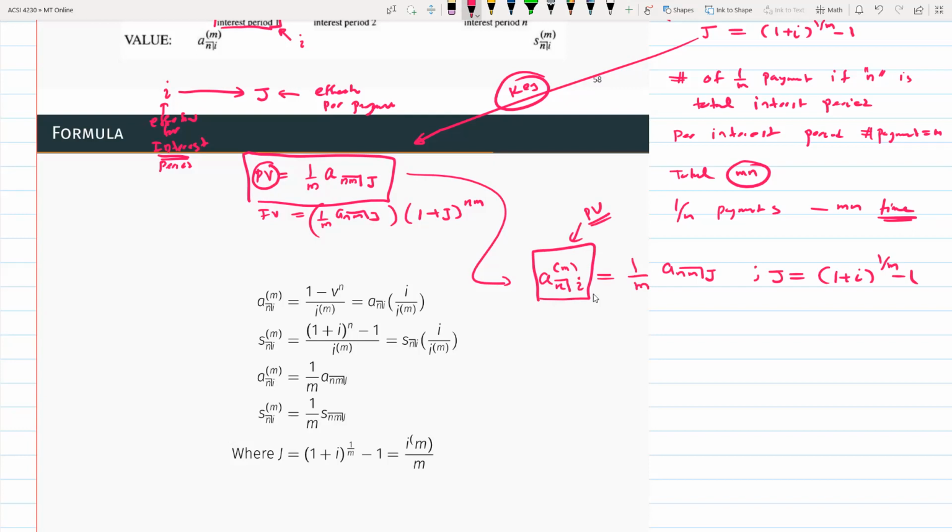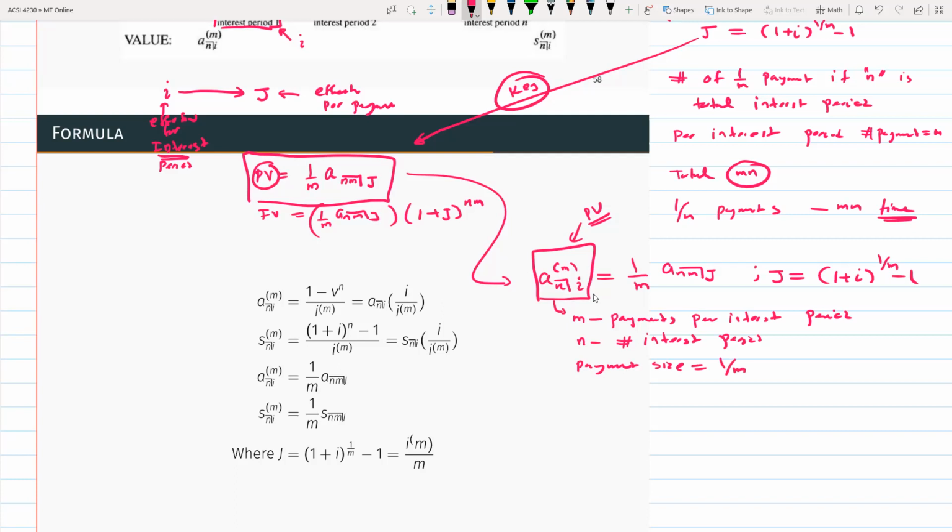Whenever you look at this, what does this mean? This means m payments per interest period, and n is the number of interest periods. So basically that means m over n. And the payment size is also hidden here. You don't see 1 over m in front of this. The payment size is 1 over m.